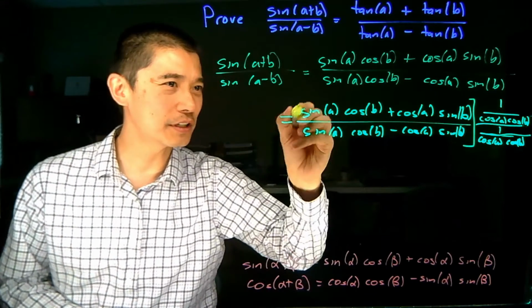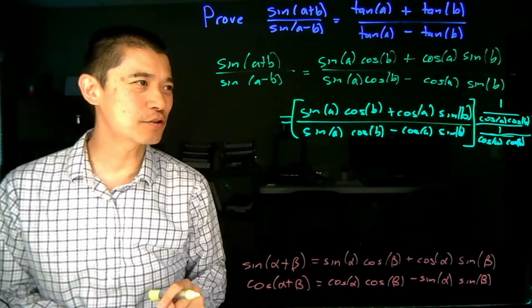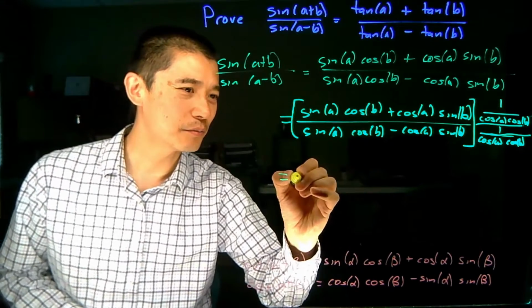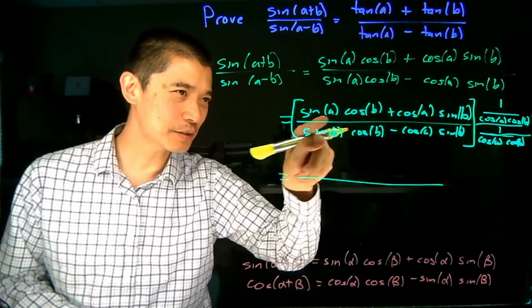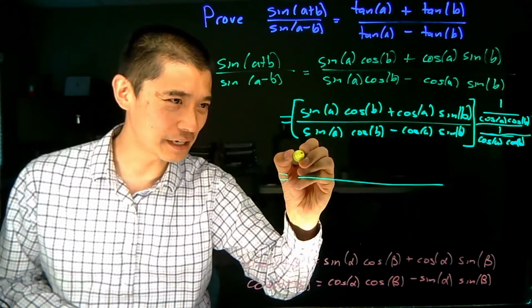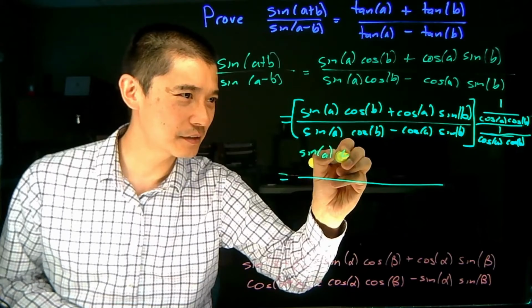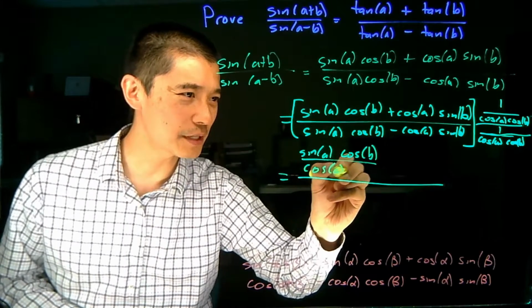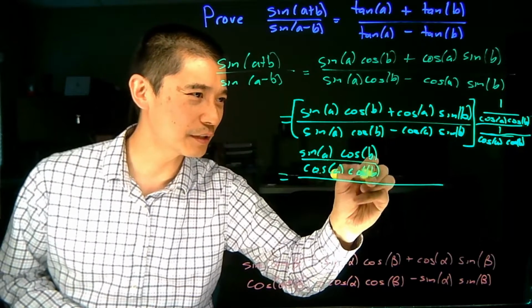Now, really important here, we're going to have to use the distributive property, multiplying this by the entire numerator here. So what do we get? Well, I'm just going to write it out. Sine A cos B over cos A cos B, and similarly for the rest.